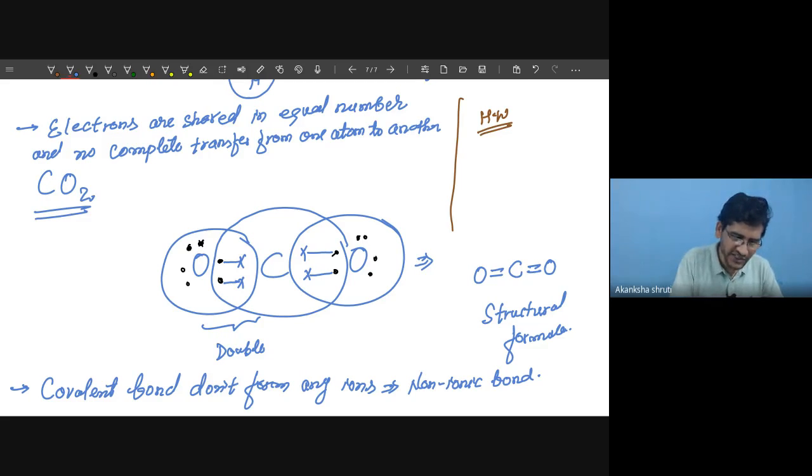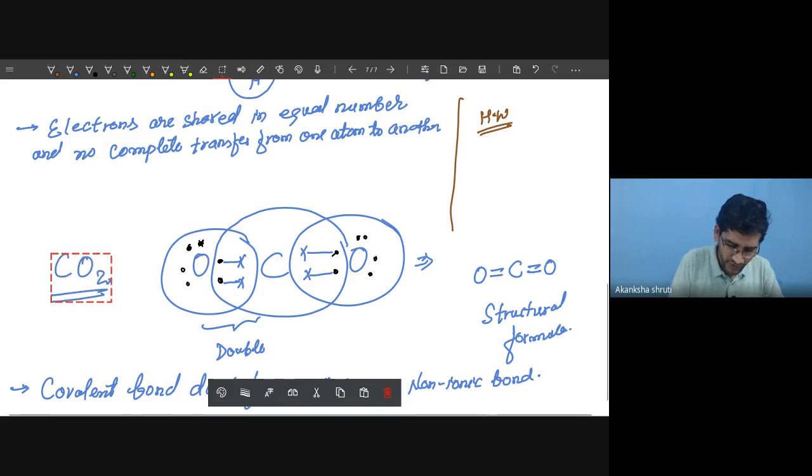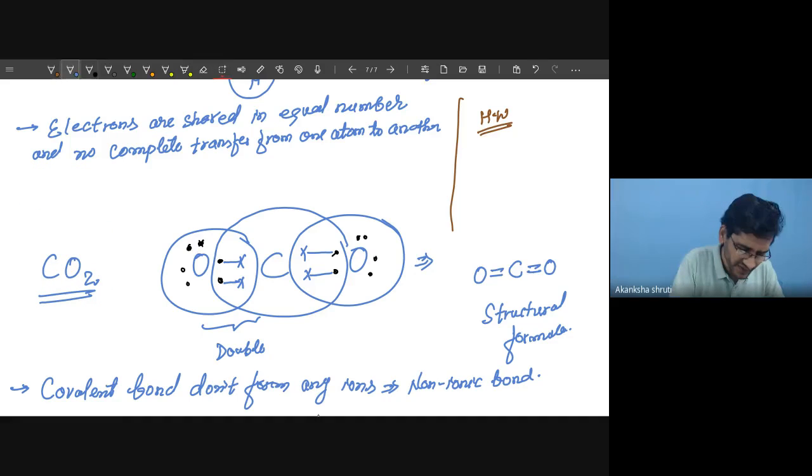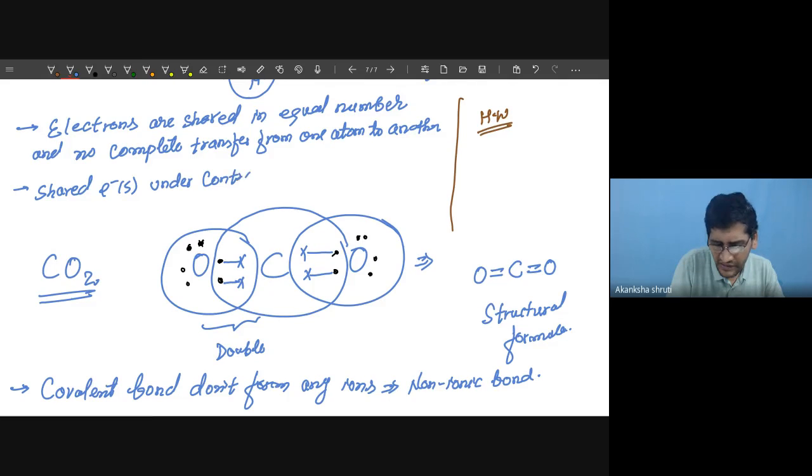Meaning the shared electron is under the control of both. That is, shared electrons or electrons under control of both.